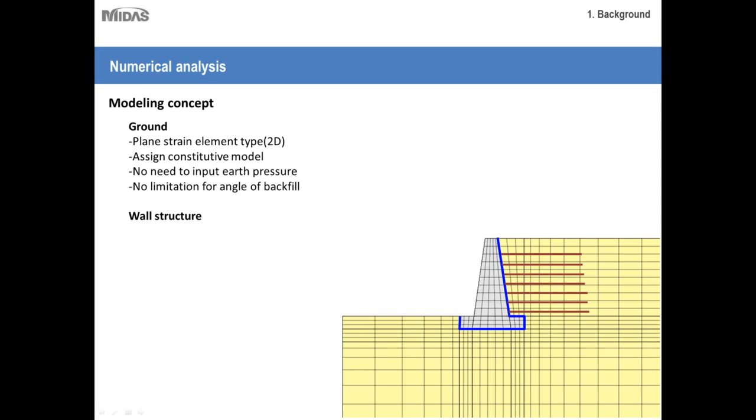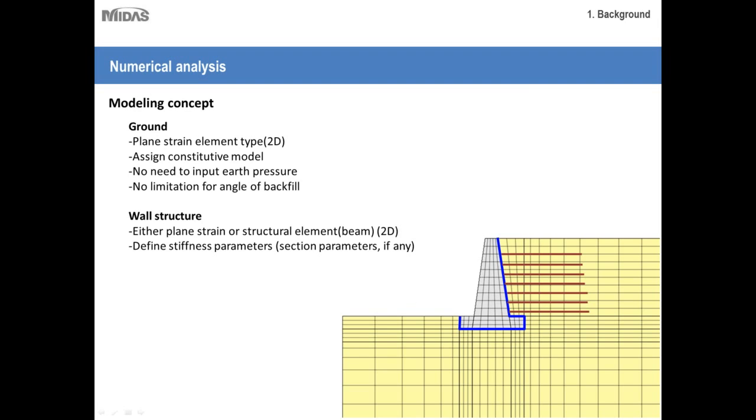Then the second most important component is the wall structure itself. For modeling the wall structure, depending upon what type of wall you are dealing with, if it is a gravity wall, then we would model it as 2D finite elements using plane strain members. If it is, let's say, a cantilever wall or an MSE wall, then you can model it as a single beam element also.